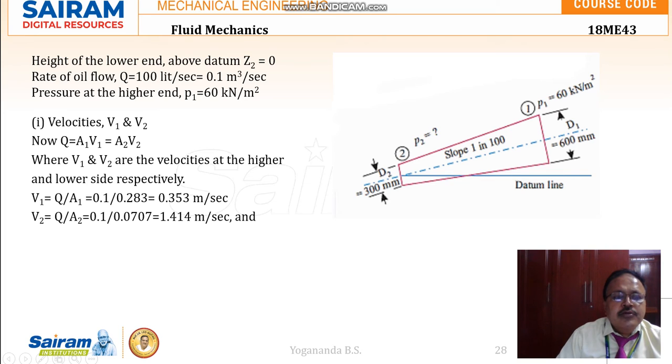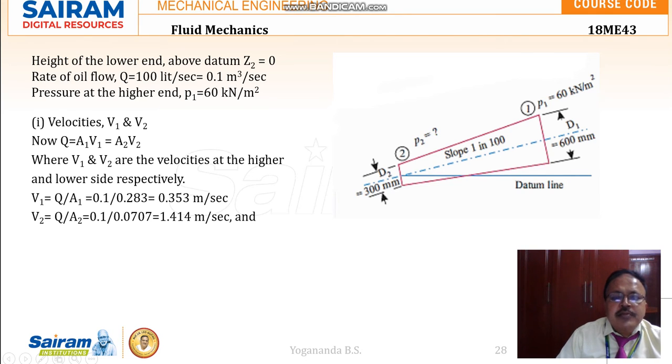So V1 is Q by A1 and V2 is Q by A2. Discharge Q is 0.1 meter cube per second, and A1 and A2 are substituted to calculate V1 and V2.